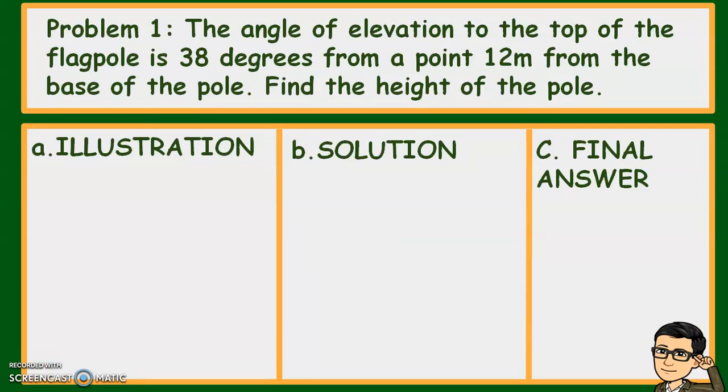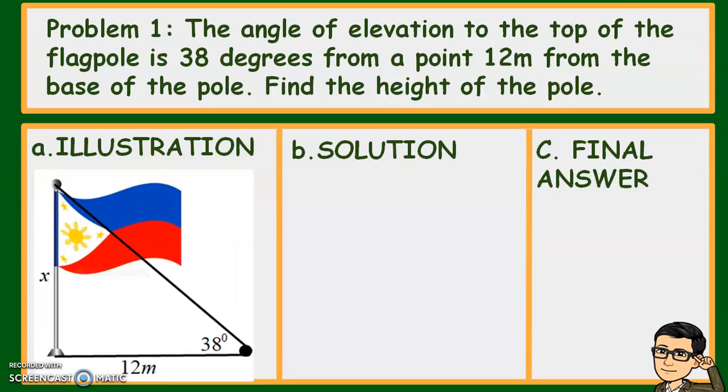Okay, so let's have our first problem now. The angle of elevation to the top of the flagpole is 38 degrees from a point 12 meters from the base of the pole. Find the height of the pole. As I have said a while ago, the first thing that we need to do is illustration.